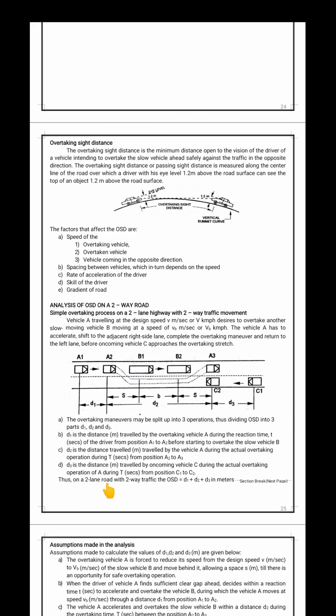The overtaking maneuver may be split up into three operations, thus dividing the overtaking sight distance into three parts: d1, d2, and d3.